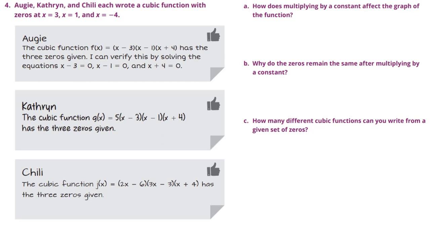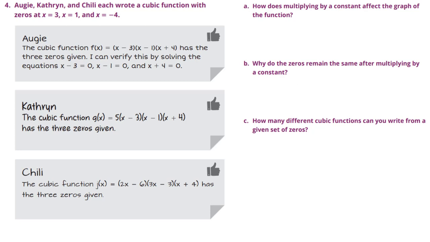Catherine had the same thing, except she put a 5 in front of it all. And Chili had (2x minus 6)(3x minus 3)(x plus 4), and it has those 3 zeros. They're all 3 right. How does multiplying by that constant affect the graph?